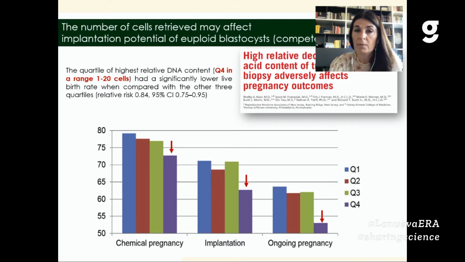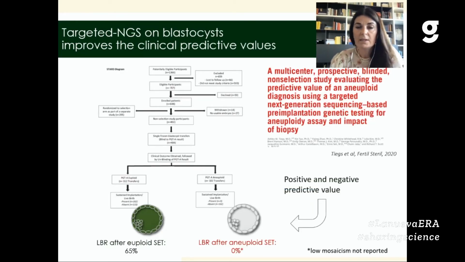So, timing of biopsy, number of cells, quality of the biopsy are very important factors. When everything is optimized, as in the laboratory in New Jersey of Dr. Richard Scott and his team, what you can obtain is beautiful results. And this is my preferred study.